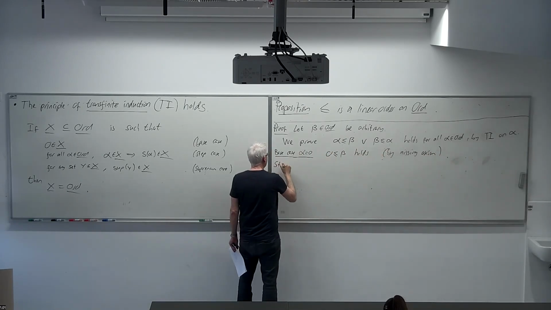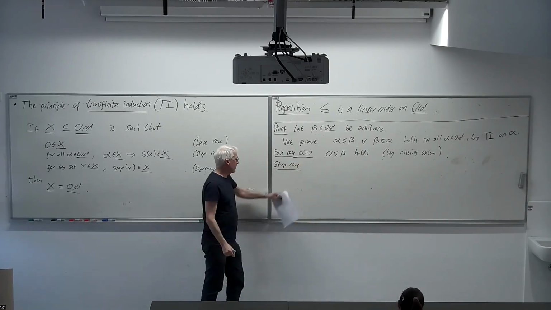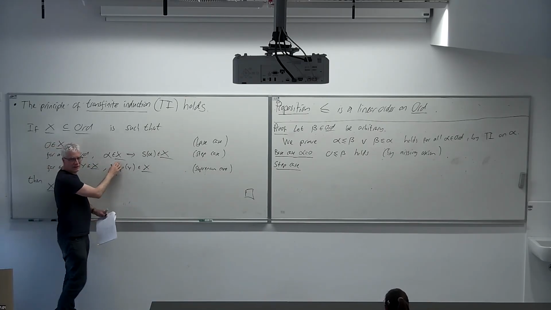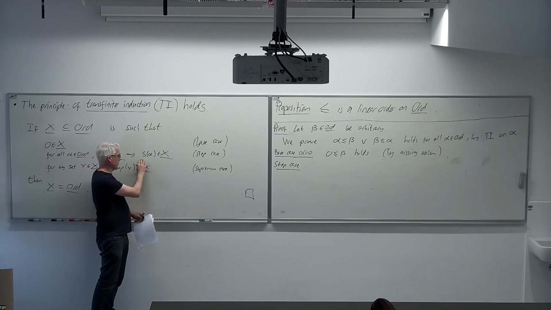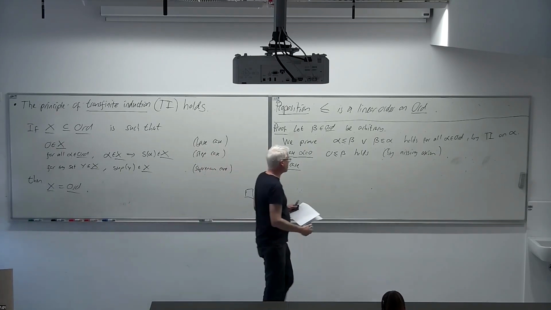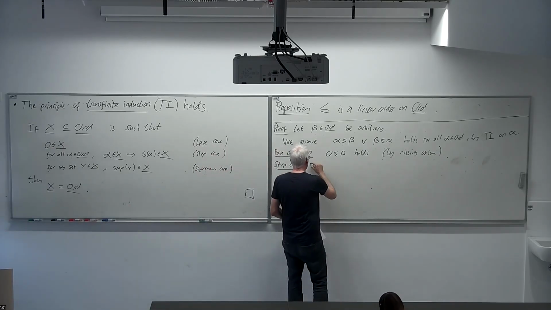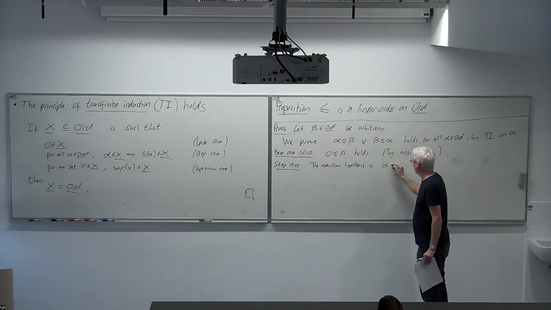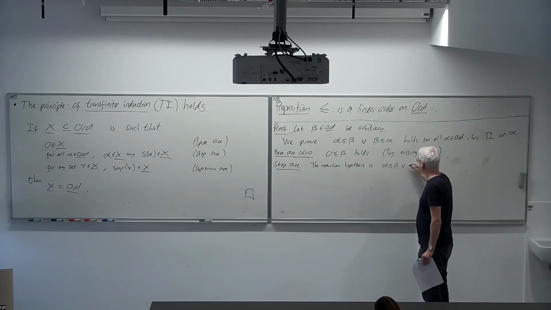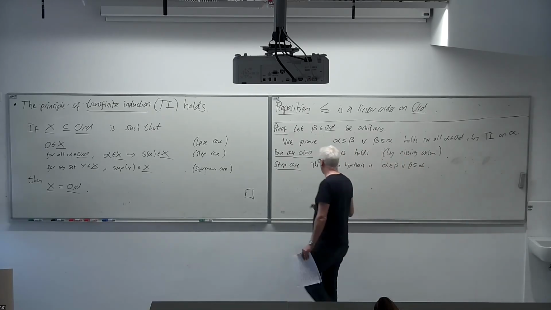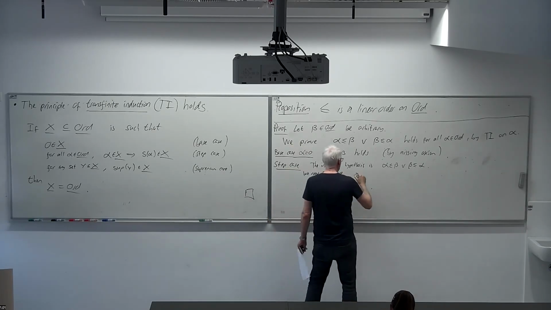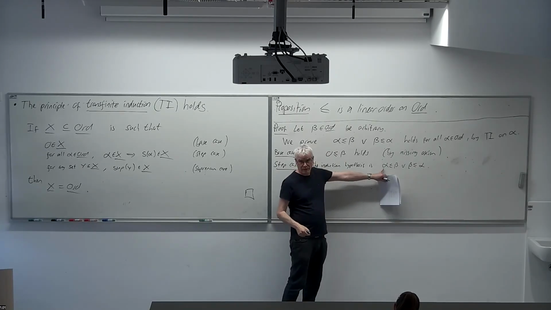The step case. As always with the step case, we have an induction hypothesis, which is that alpha belongs to X, and then what we want to show is that the successor of alpha belongs to X. So the induction hypothesis is that either alpha is less than or equal to beta, or beta is less than or equal to alpha, and we want to prove that the same disjunction holds for the successor of alpha.